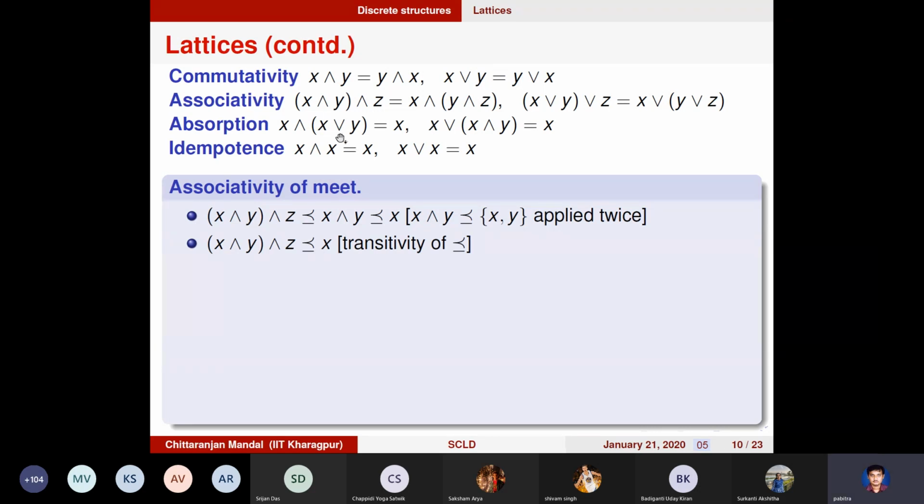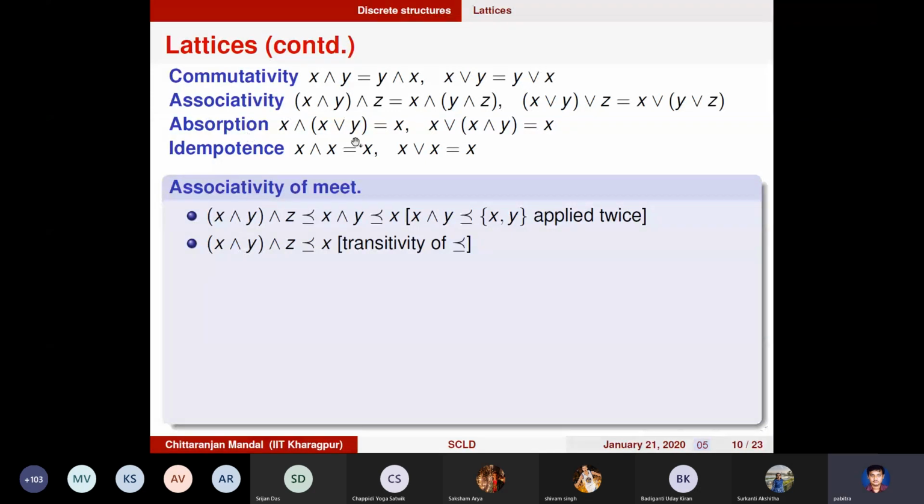Let us look at this absorption property. This is also important. What this says is that if you take the join of x and y, and with that element you meet x, you will get back x.